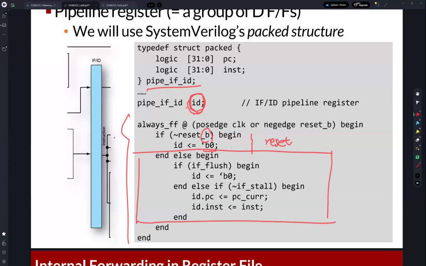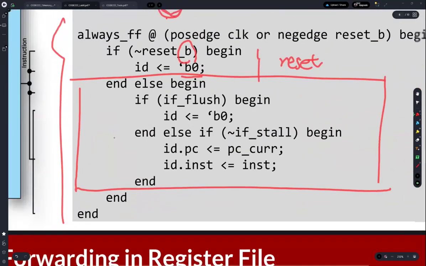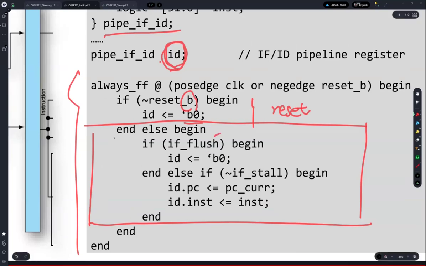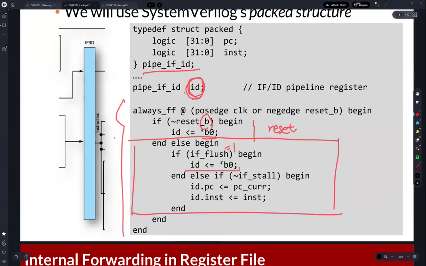If you see this one, if instruction_fetch_flush is activated, so if this is 1, then all signal outputs become 0, right? It's flush.